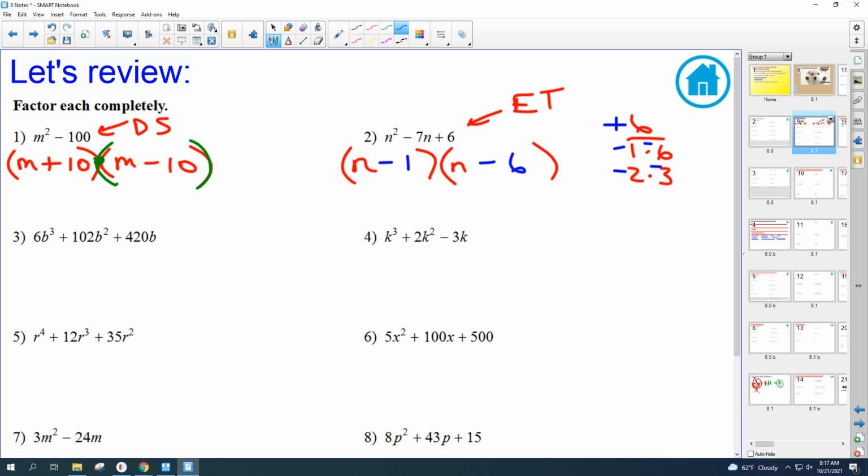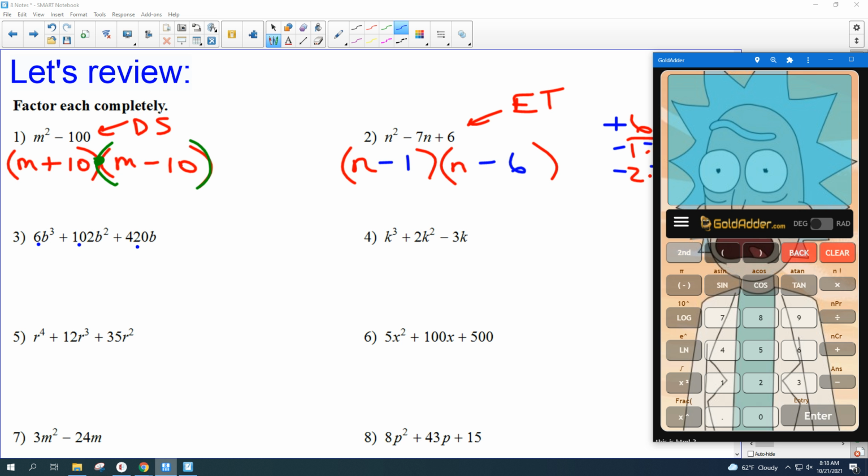All right, so then I look at a problem like number 3. Number 3 just looks weird. When it just looks weird, it probably means there's a GCF. So we look at these, and I hope all those numbers are divisible by 6. I don't know. They're at least all divisible by 2, I know. And they all have a b in them. But you might want a calculator and say, well, can I divide these numbers by 6? 102 divided by 6.